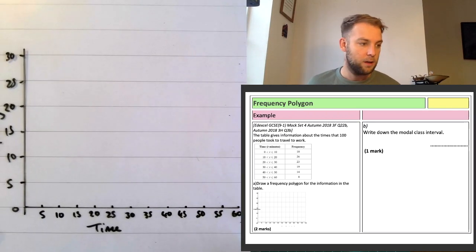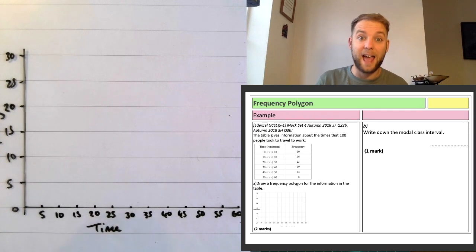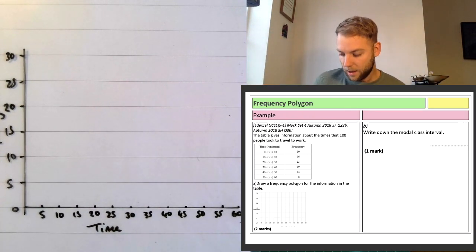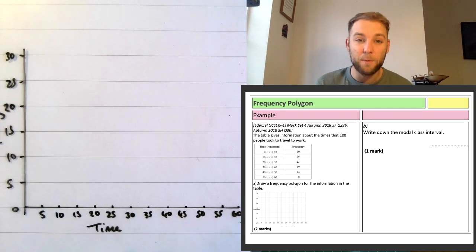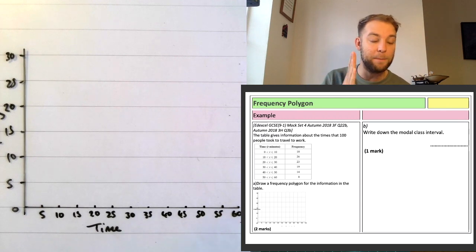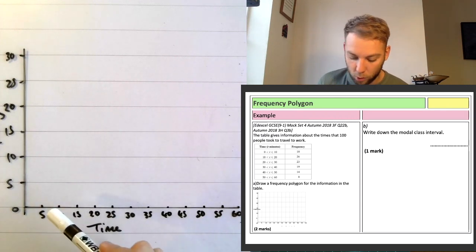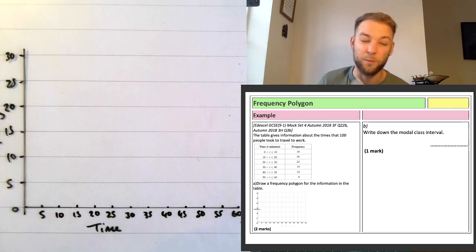Now, a frequency polygon, if you think about what a polygon is, it's a shape where all the sides are straight, okay? So with this, it's a graph where the lines are straight as well. Now, the big common mistake with this is that people mess up where they put the actual point. So some people draw bars, which is wrong. Some people will do it from the upper bound.